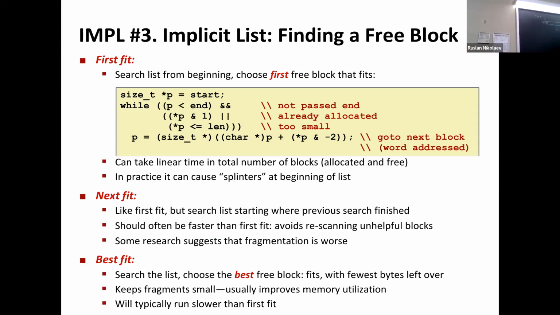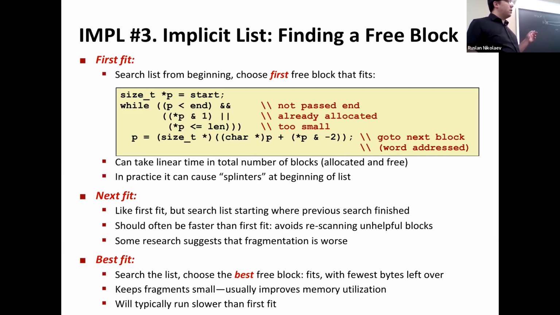So we have P bitwise AND with one. That's how we extract the allocated or free bit. If it's allocated, we want to skip it and go to the next block. The first condition is that it's not the end of the heap.